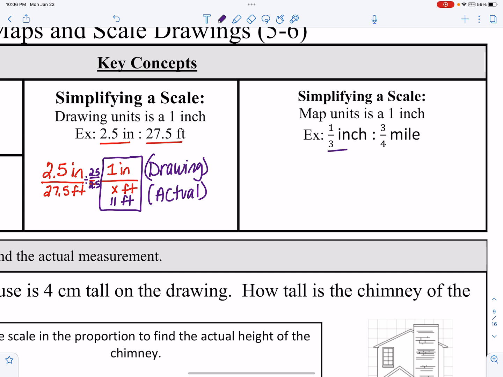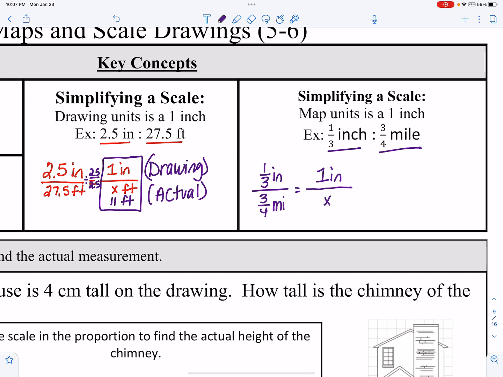Okay, so 1/3 inch of a map is actually 3/4 of a mile. Remember, to simplify a scale, we want to know what is it for 1 inch drawing on a map, or distance on a map.